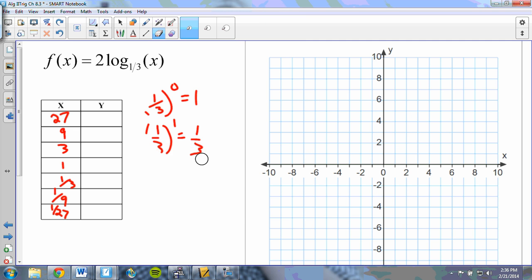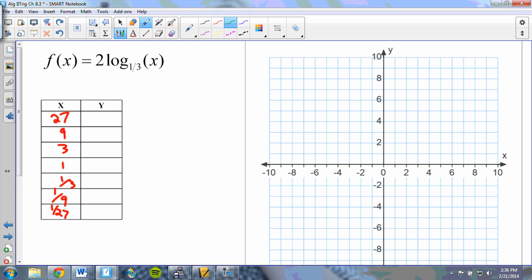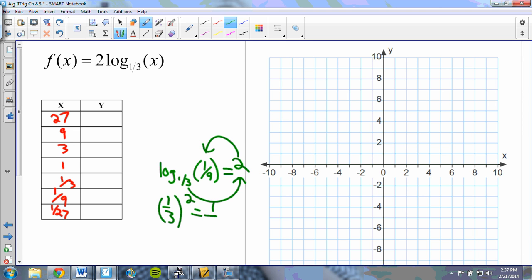Now when I think about evaluating this function, about plugging these numbers in for x, I'll start with 1/9. I'll do log base 1/3 of 1/9. Well, that's 2. 1/3 squared is 1/9.